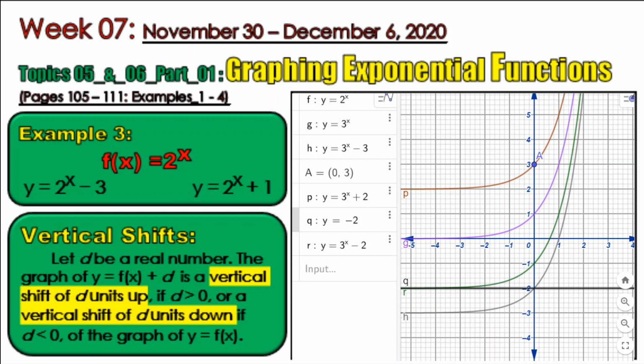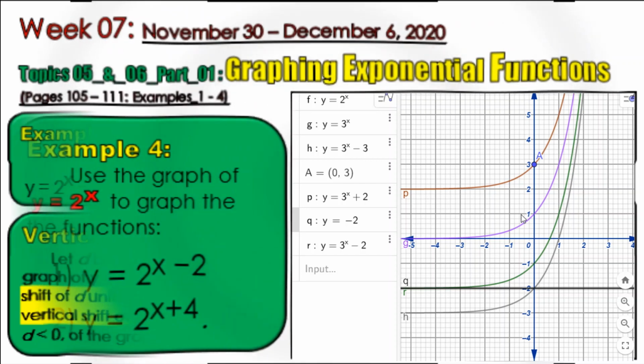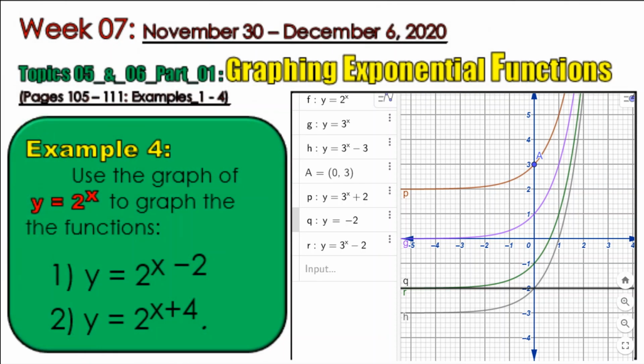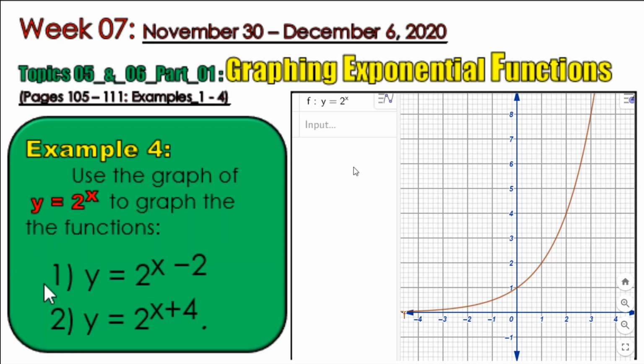So that's all for more of the examples for cases in example number 3. Let us discuss example number 4. Use the graph of y is equal to 2 raised to x to graph the functions y is equal to 2 raised to x minus 2 and y is equal to 2 raised to x plus 4.